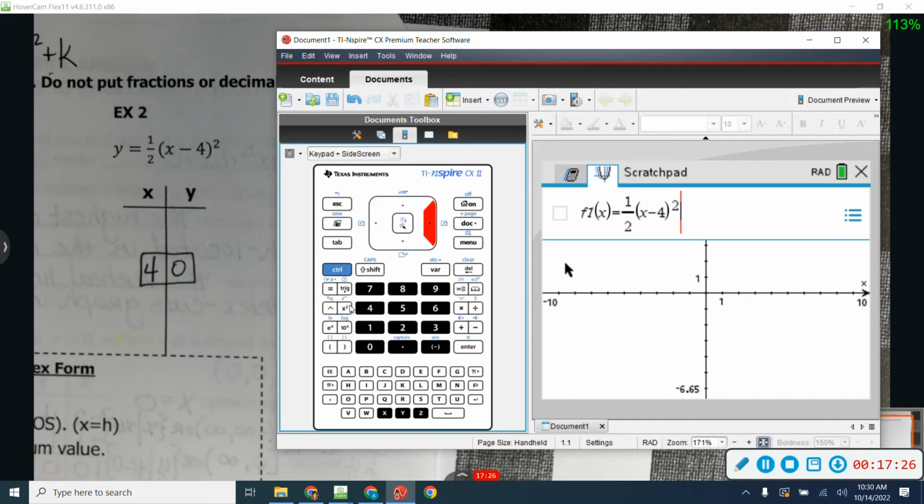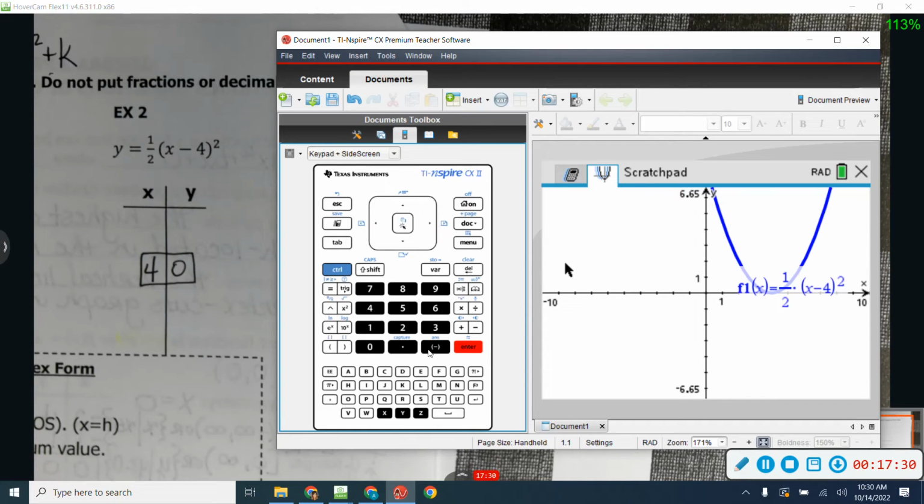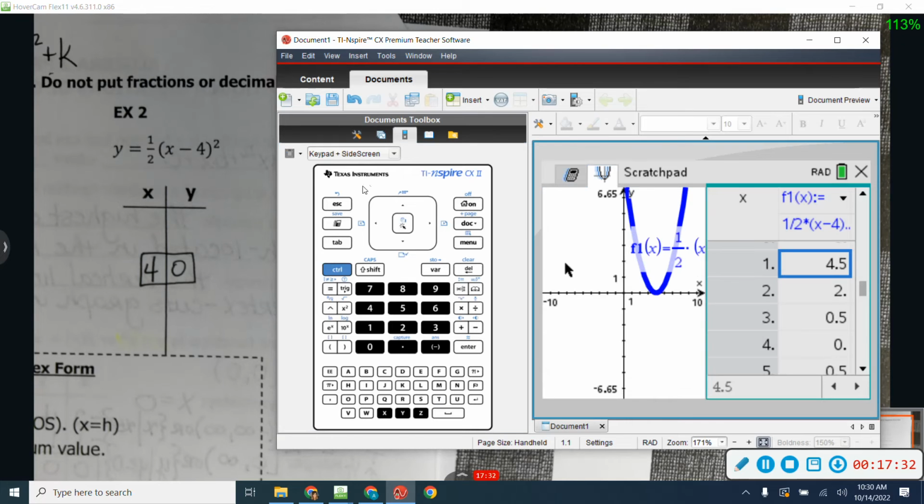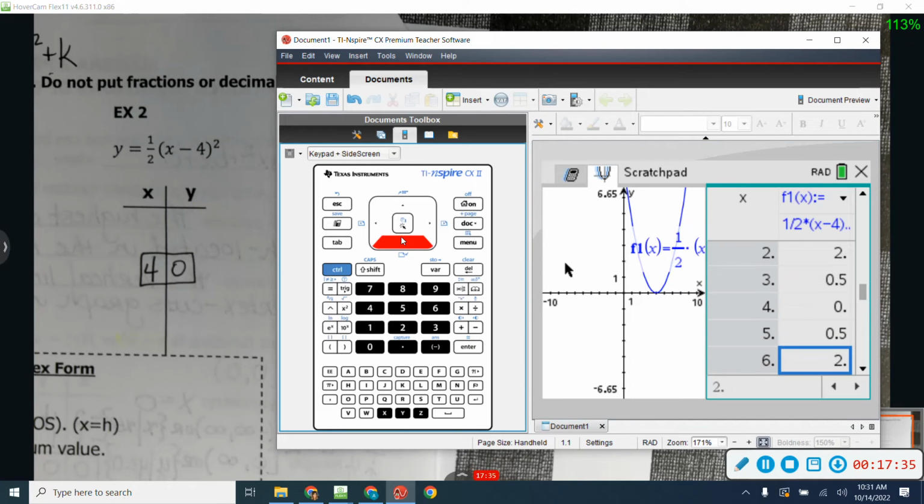Press the wrong button, but and then control T. And I'm going to verify in my table, is 4, 0 my vertex? Yes, because the y values repeat around that y value of the vertex.